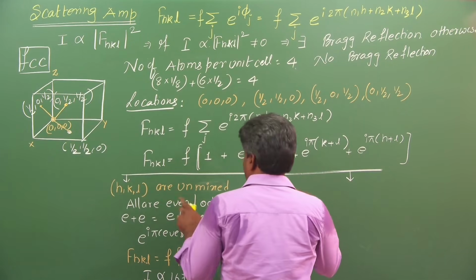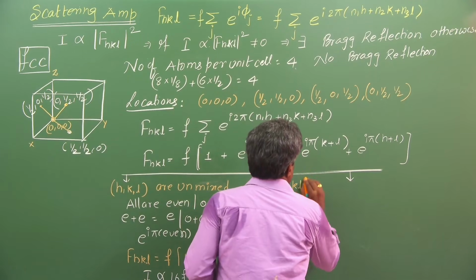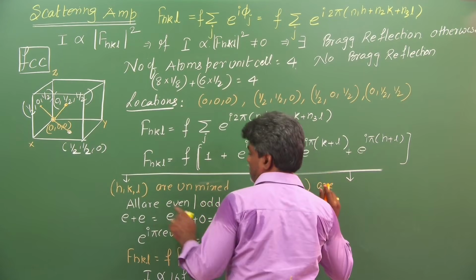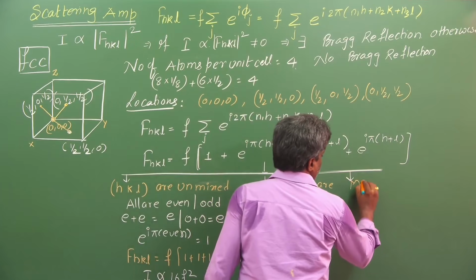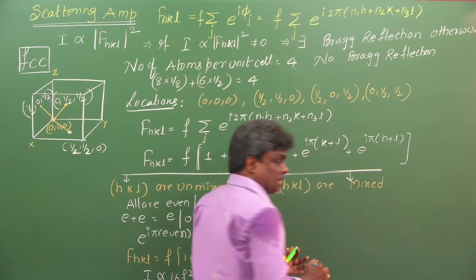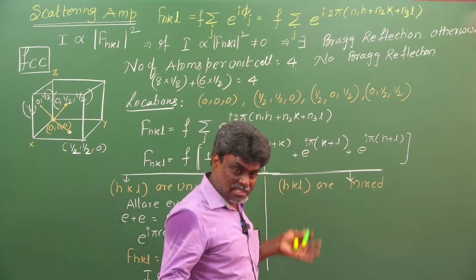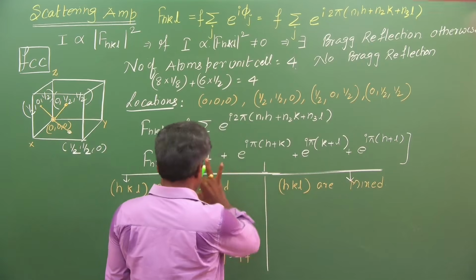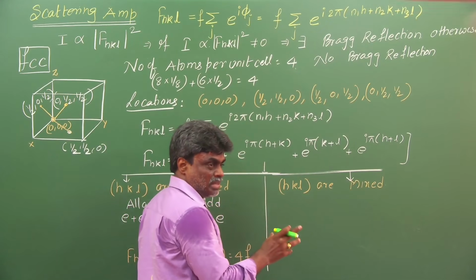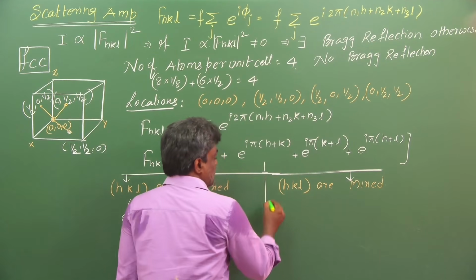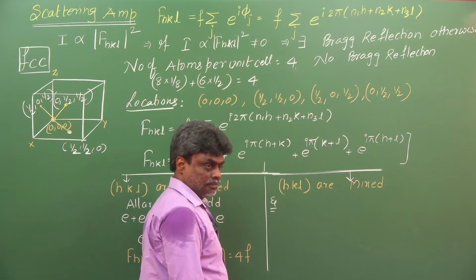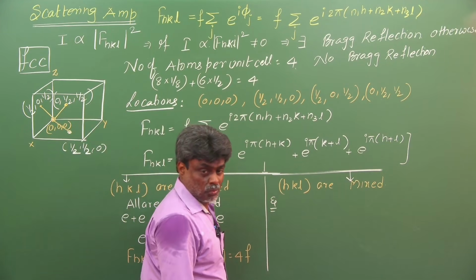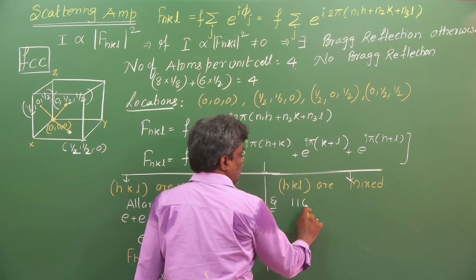Ready. Next, here hkl are mixed. Mixed means I am taking both even numbers as well as odd numbers. We can't discuss like this more generally because anything can be mixed. That's why take an example. Say anyone? 1 1 0.